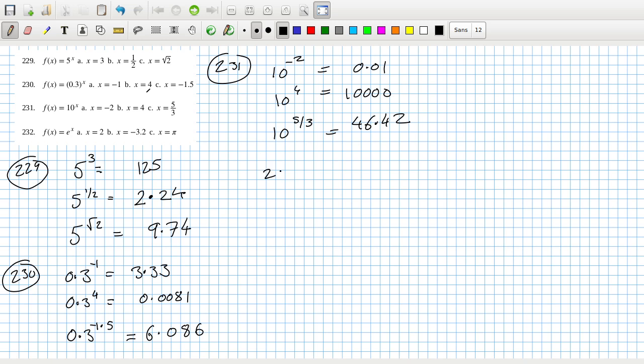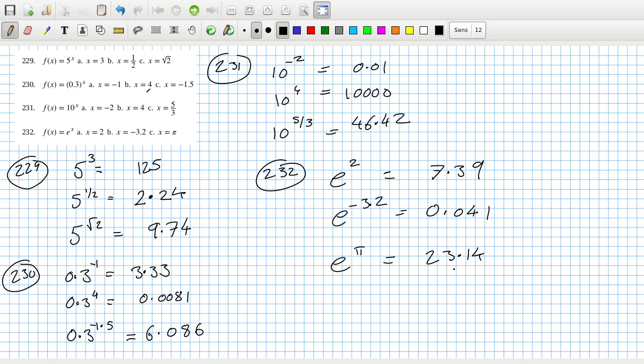And then lastly, here, 232, e squared, e power minus 3.2, e power pi. 7.39. 0.041. 23.14.